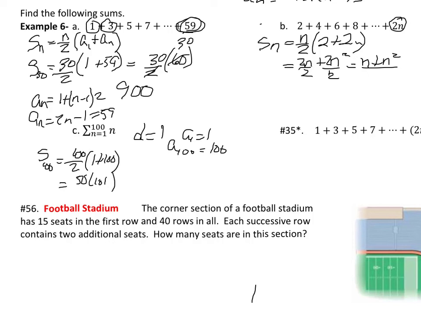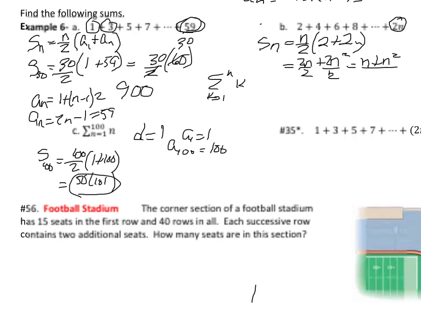Remember that list of formulas that I told you to write down in your lecture notes, the summation from k equals 1 to n of k? Well, that's another way to write the formula right there.